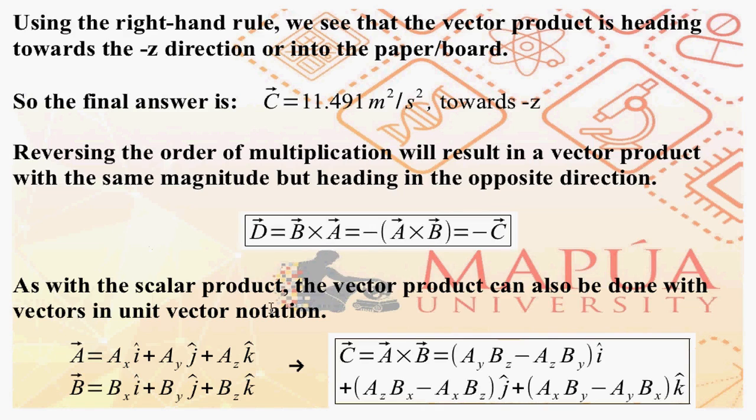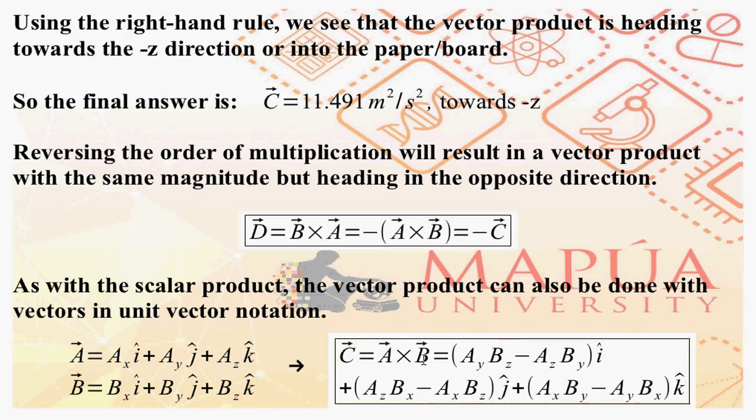As with the scalar product, we can also use the vector product with vectors that are in unit vector notation. So again, we have A equal to AX i hat plus AY j hat plus AZ k hat. Vector B is equal to BX i hat plus BY j hat plus BZ k hat.